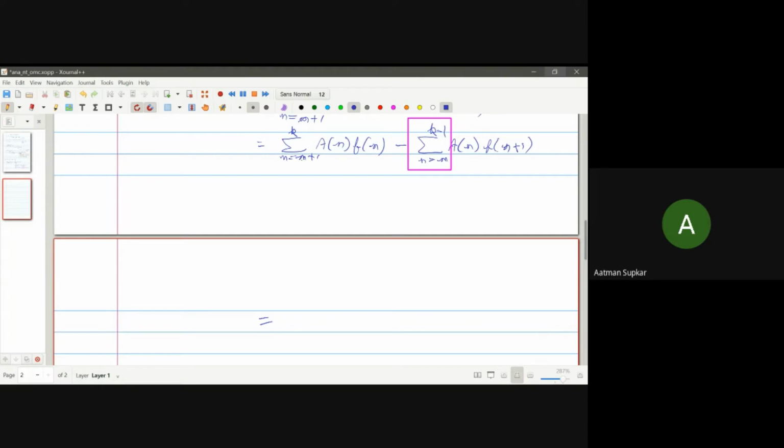So we were here. Summation n equals n plus 1 to k, capital A n f n minus this thing.